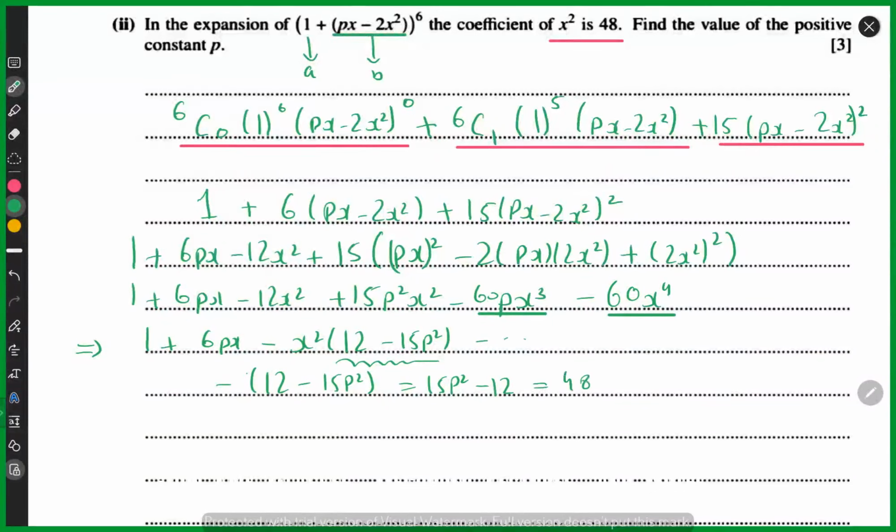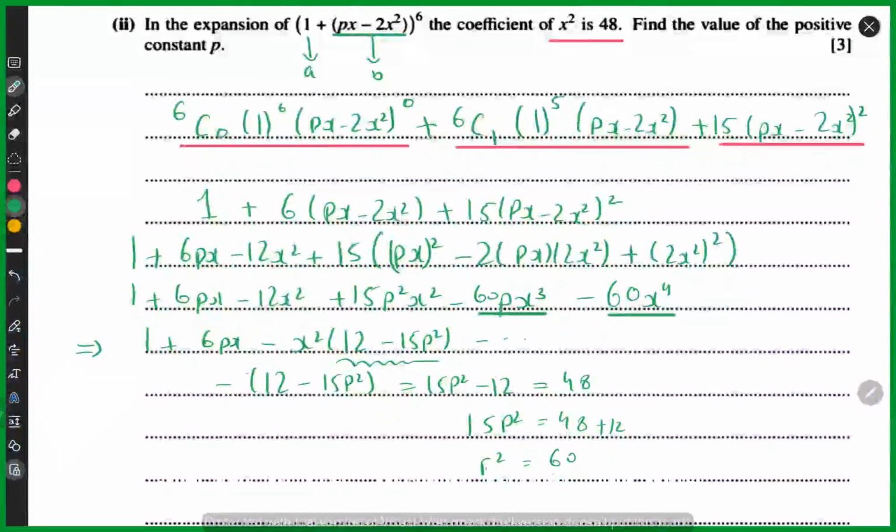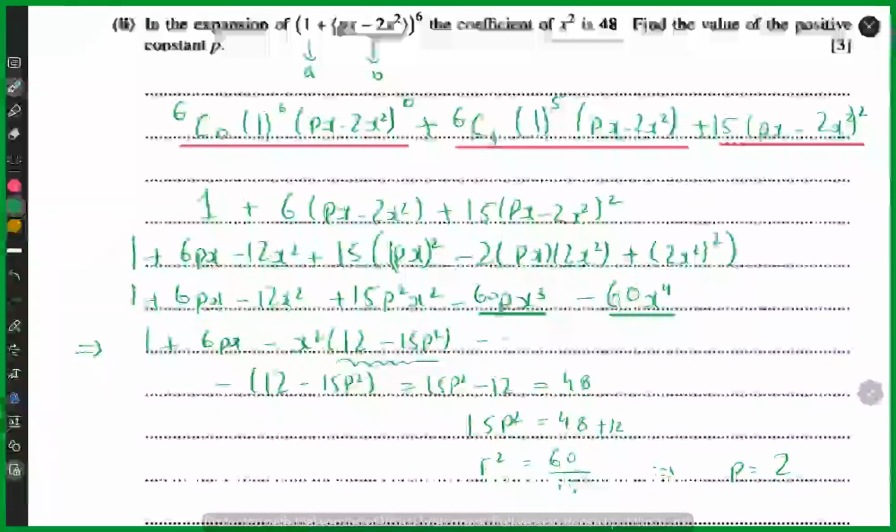After making p the subject, 15p² equals 48 plus 12. p² is equal to 60 divided by 15, and this would give you p equals plus or minus 2, but they have mentioned that p is a positive number.